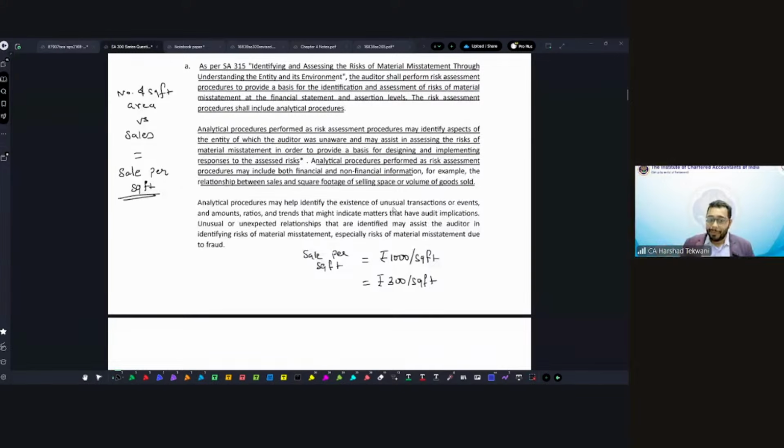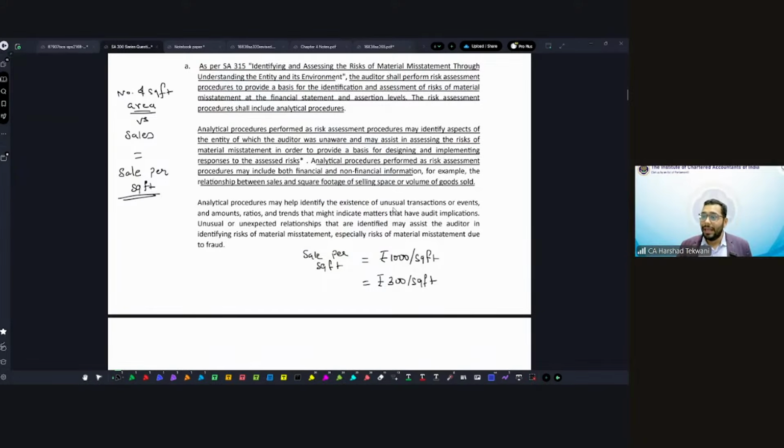Number two, the sales are not directly related to the area of the store. So sales are dependent on some other factors, maybe marketing, maybe promotion, maybe price. That is one scenario where you need to understand which elements sales are dependent on.